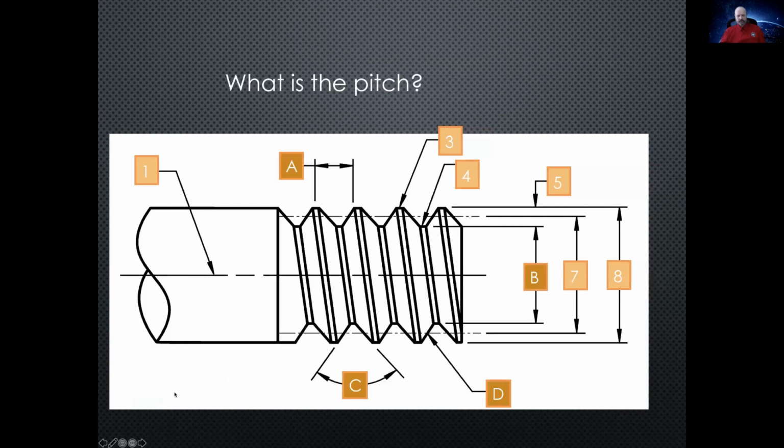Okay, so if you had to choose between A, B, and C or D, which one is the pitch? You can type it in the chat box if you want to. I'm not going to grade these, but think of it in your head. And then we'll go to the next question. What about thread depth? Would that be A, B, or C, or D? Thread depth. Any ideas?